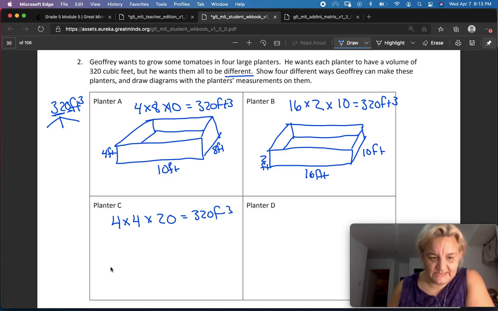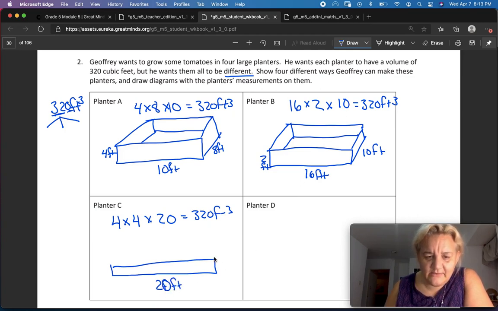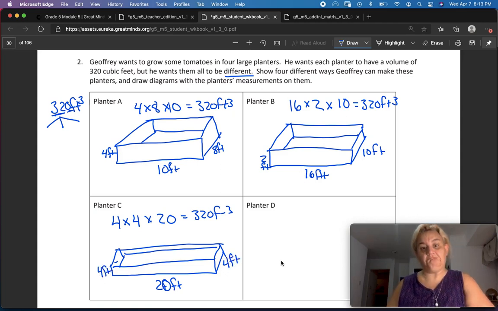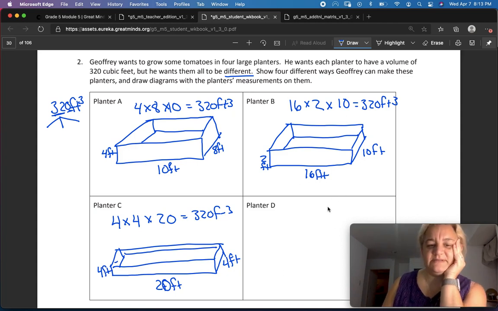All right, so this one's going to be long. That's 20 feet. But it's not going to be too wide, just about like that. And that width is going to be 4, and the height is also going to be 4. Okay, cool. All right, let's see how else we can split this up.